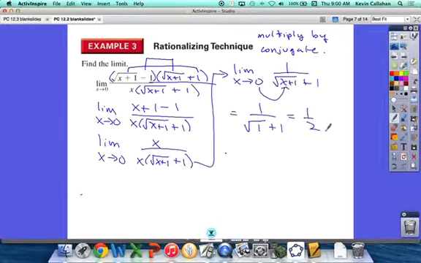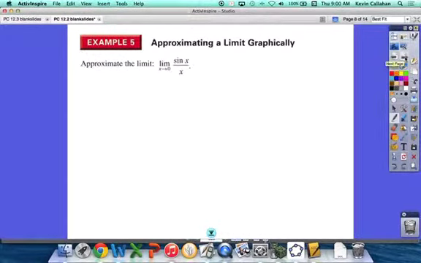Right? So the limit is 1/2. But whenever you see this square root, you're going to be doing this rationalizing technique. Multiply by conjugate. See if there's another one.